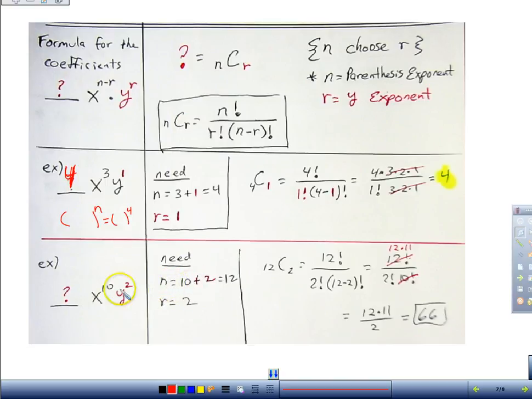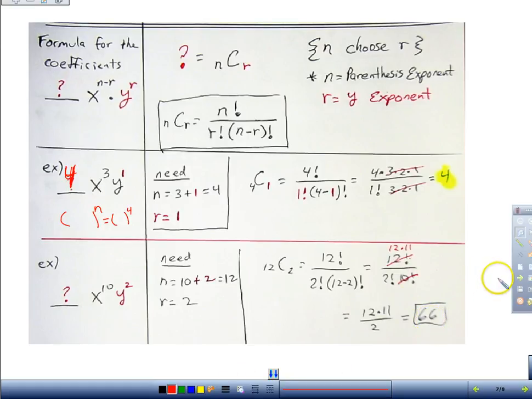We can get n by adding the 10 and the 2 here, so the combined exponent is 12. And r, again, is the y exponent, so r is equal to 2. So we do 12 choose 2. By the way, we can do this calculation in our calculators as well, but if you do it carefully, you will see that the answer is 66.